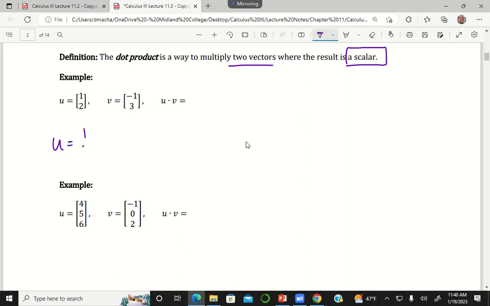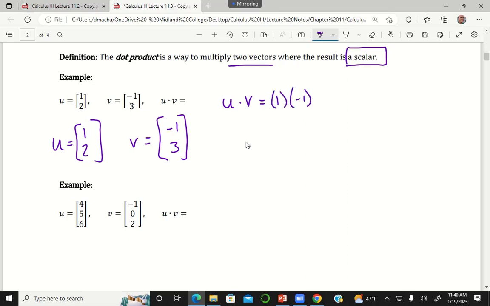Like if my vector u is 1, 2, and my vector v is negative 1, 3, then whenever I have u dot v, I'm going to take the first two entries and multiply them. So I'm going to have 1 times negative 1.